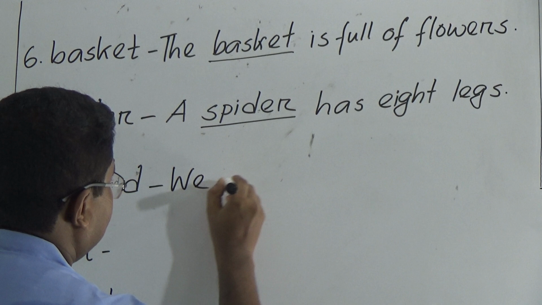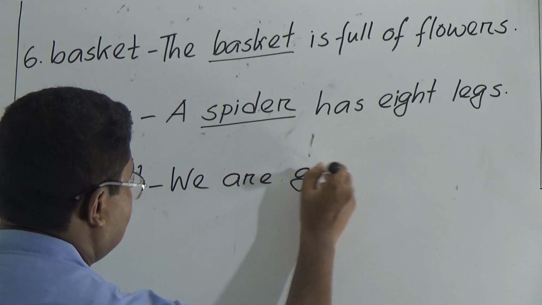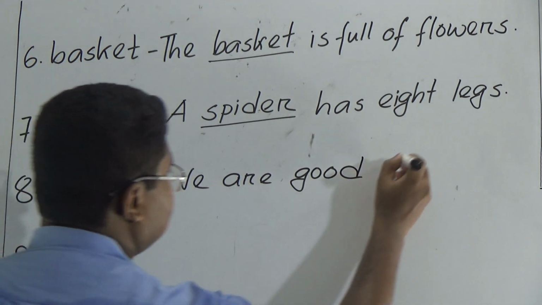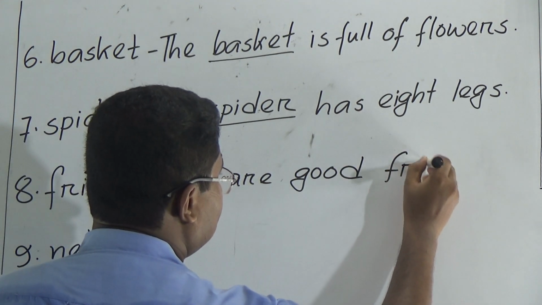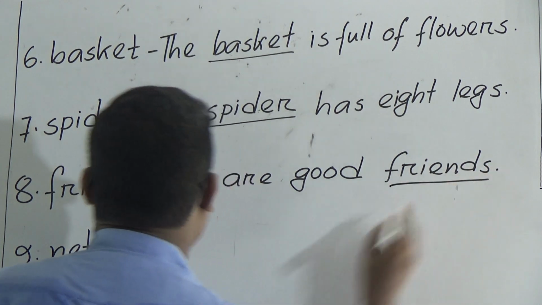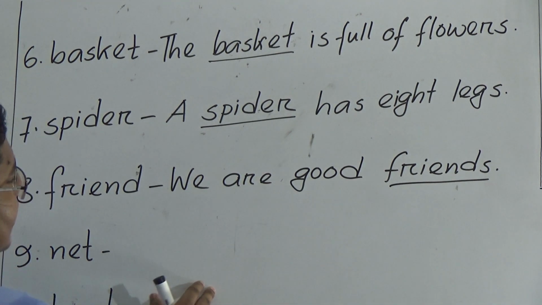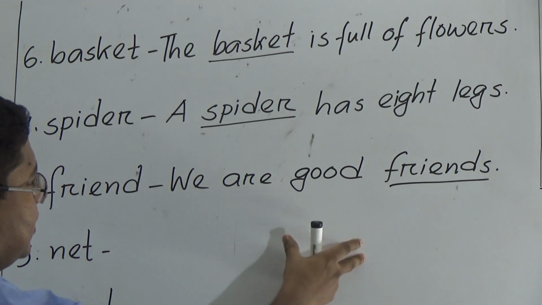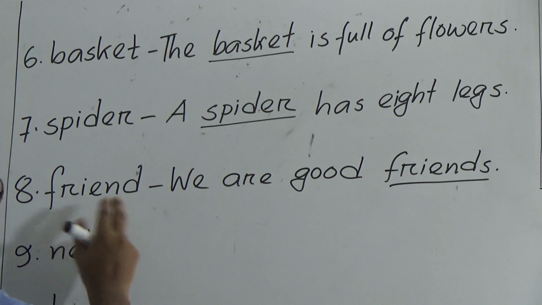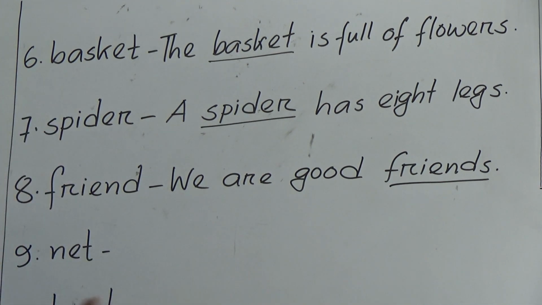You can write, we are good friends. You can write, Mina and Tina are good friends. You can have 2 friends. Abid and Shorip are 2 friends. A lot of sentences you can write. If you write, Anika is my best friend, this is also correct.